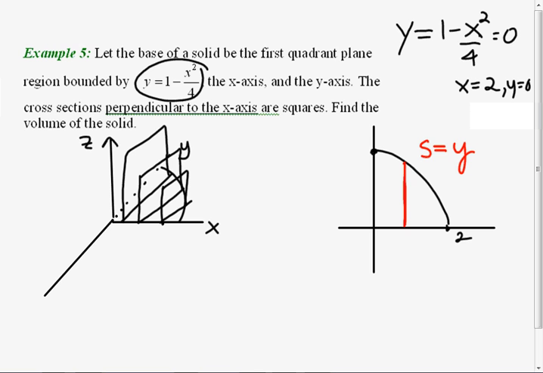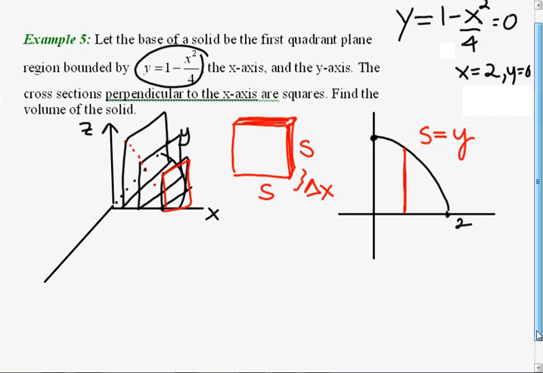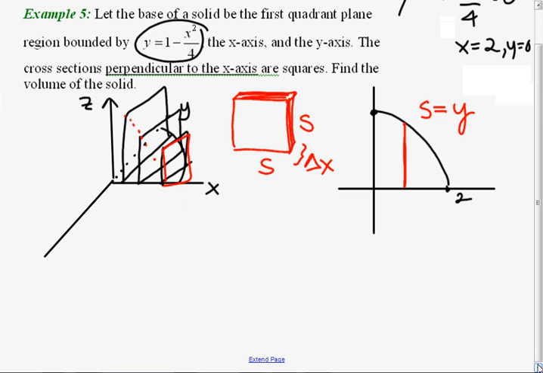And if I were to join these corners here, you guys have seen bike helmets, right? They come kind of to a little point. That's what it would look like. But do I really care what it looks like? Don't I just really care what one of these cross sections looks like? That's all I care about. This is the side, and what's the thickness here? Delta x, because it's perpendicular to the x-axis. Okay? So this one's easy. Well, I think it's easy.